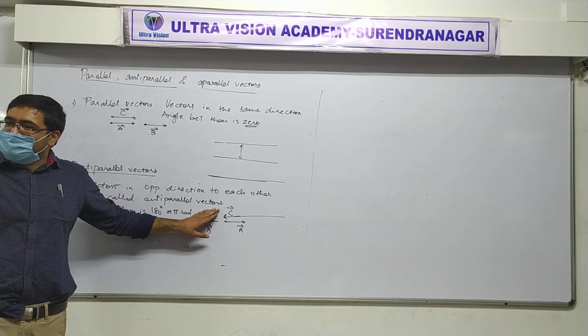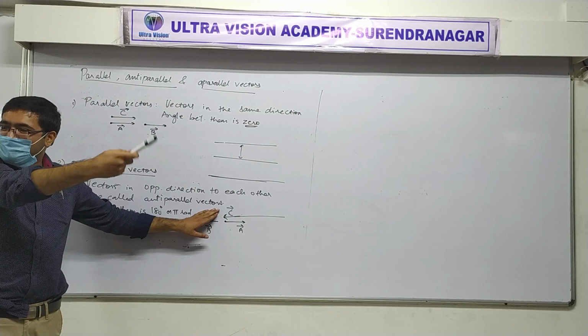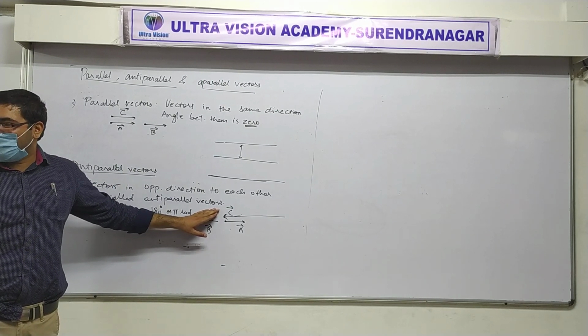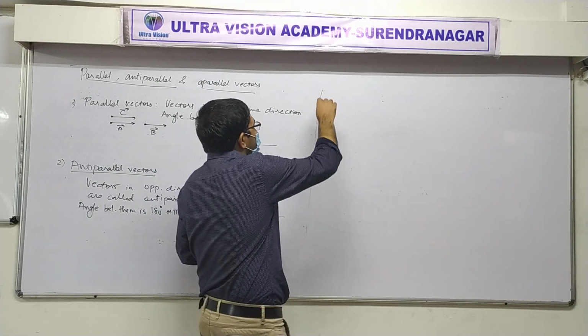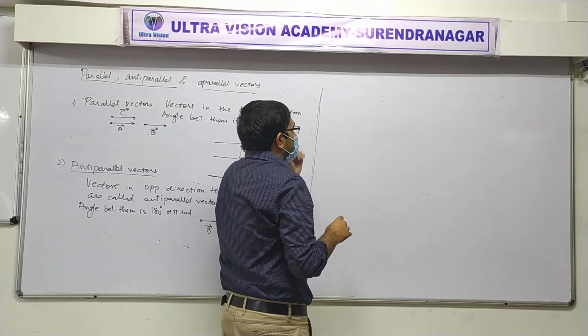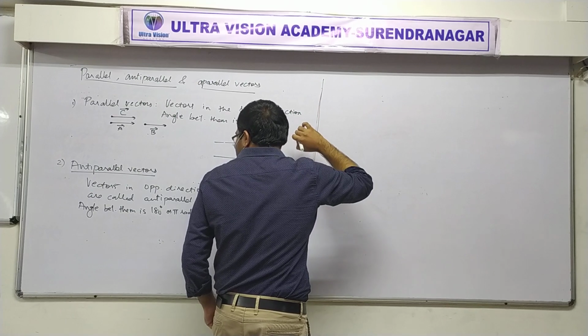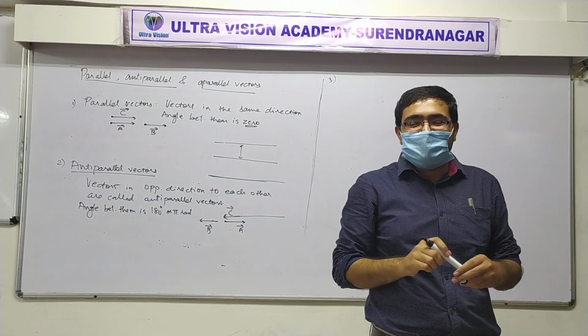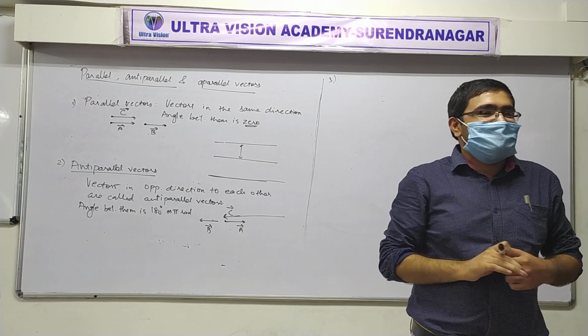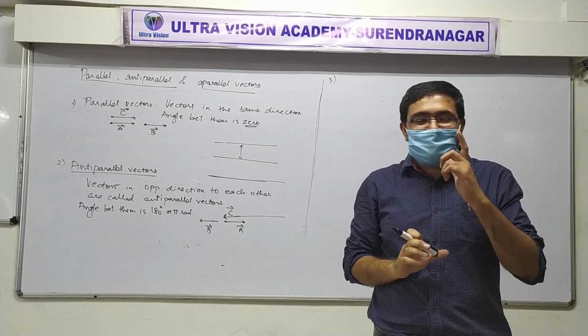So the angle between this direction and this direction is 180. Clear or not clear? Okay. This is a doubt question, one of the most asked. I'll ask you at the appropriate time, and hopefully you will not fall into the trap.